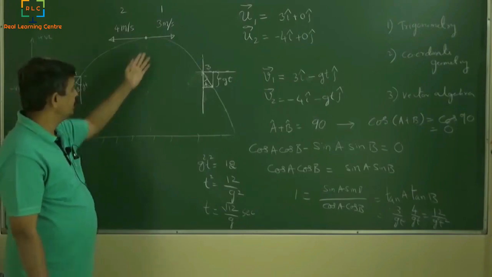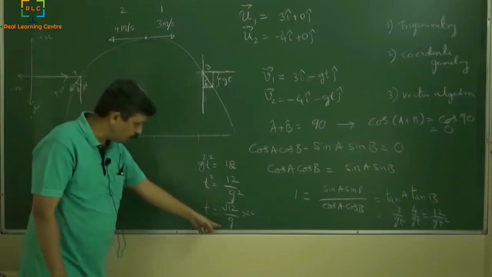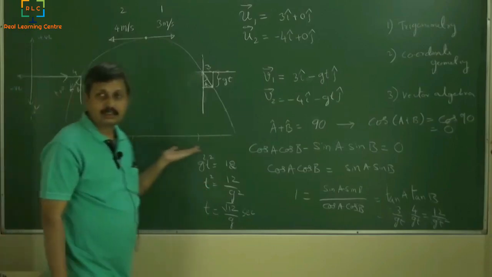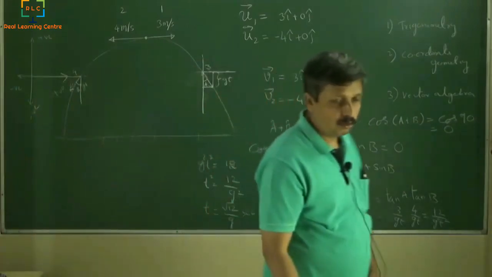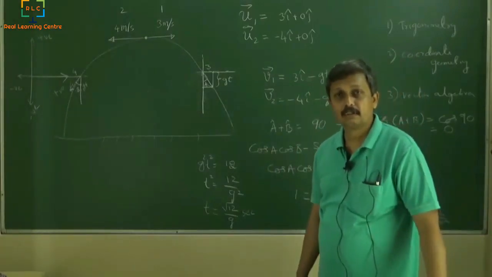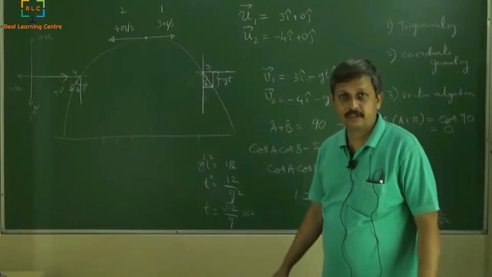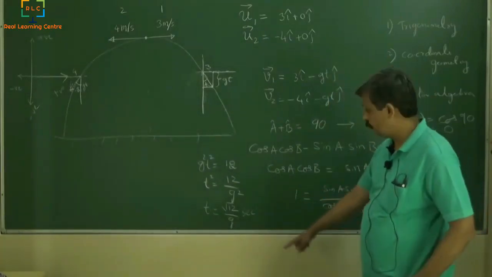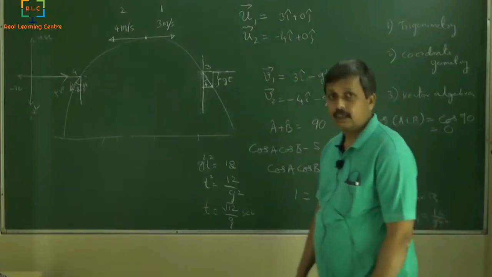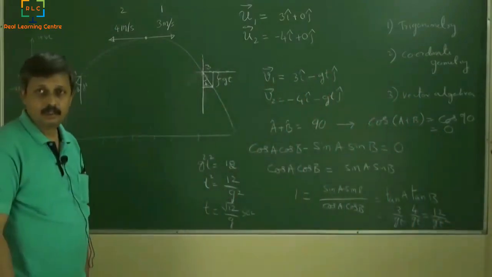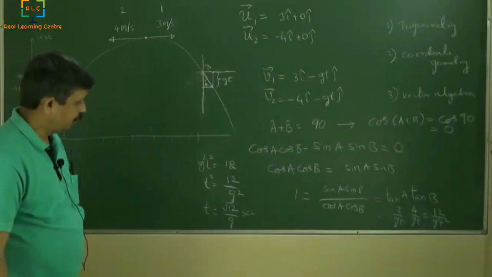So at 3 meter per second after root 12 by g, how far did it go? That's all. Distance is equal to time into velocity. So just calculate. Now at t is equal to root 12 by g seconds, how much will be the distance between them? g you can take as g itself.